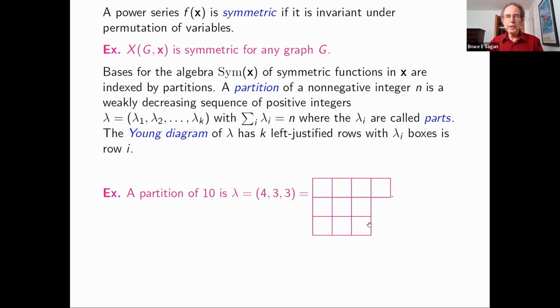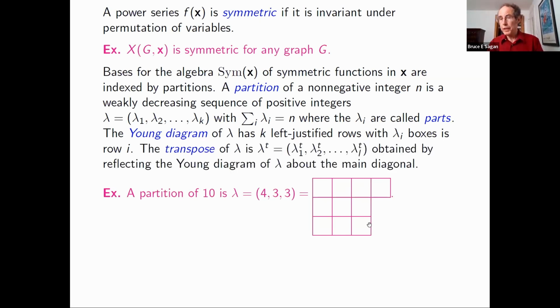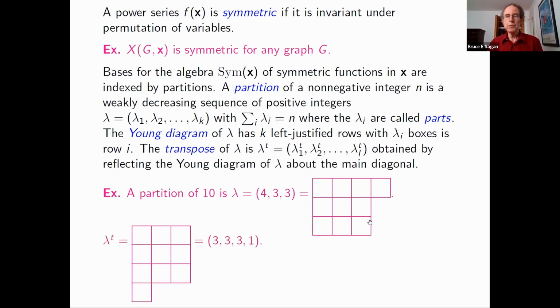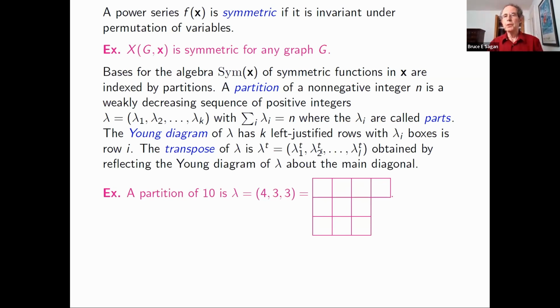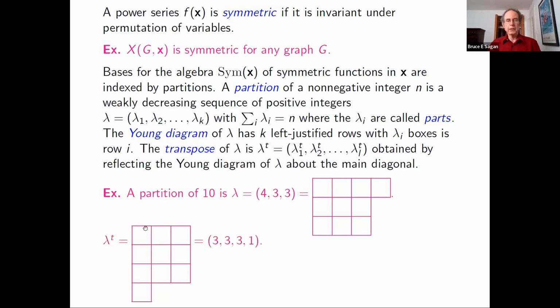And from this, we can get the transpose of lambda, which I'll denote by lambda super t with parts lambda super t1, lambda super t2, etc. And you just take this Young diagram, transpose it across this main diagonal here. So rows become columns and columns become rows. So for example, in this here, right, this column would become the first row, length 3, and similarly 3, 3, 3, 1. Okay, so that's basics about partitions.